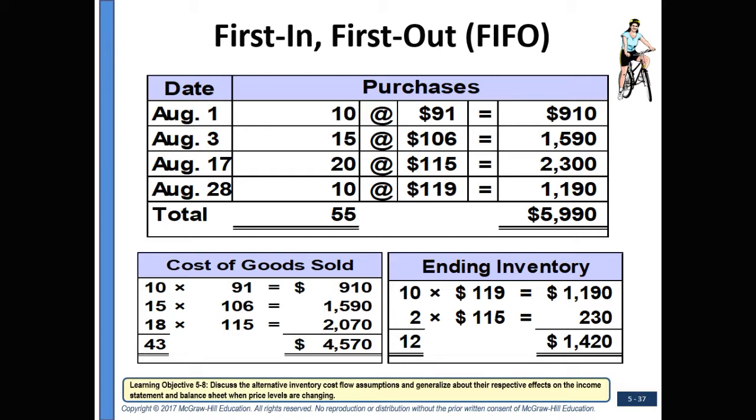This will provide a total cost of $4,570. We then make the assumption that the ending inventory is going to be comprised of the 2 remaining items from the August 17th purchase, and then the 10 items from the August 28th purchase, or $1,420.